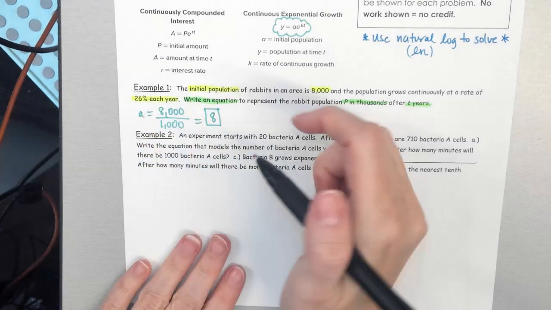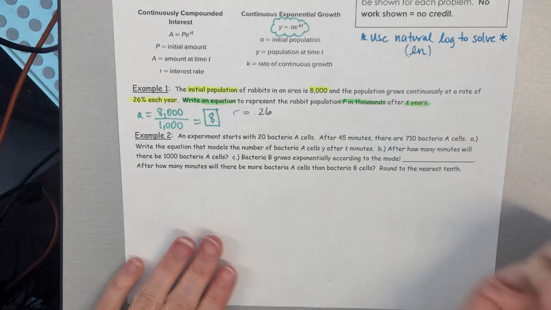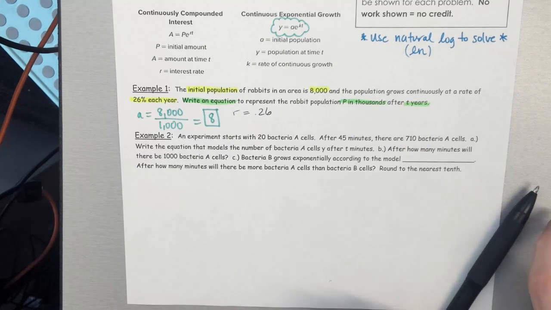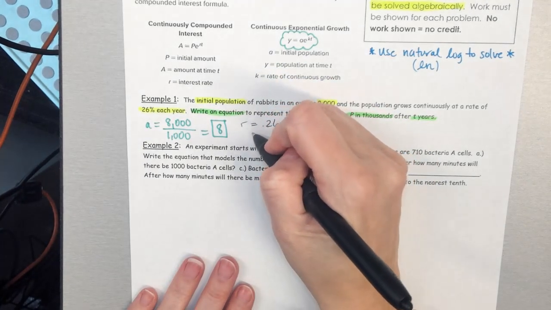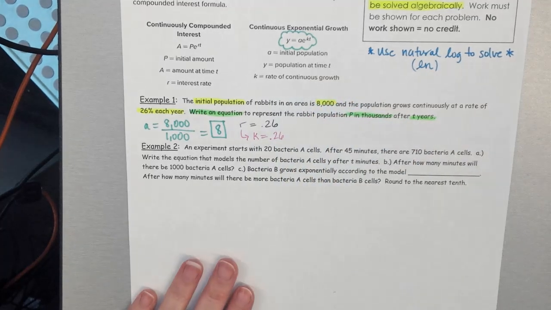Okay, and then we are used to writing the percent as a decimal for the rate as your 0.26. When you are dealing with your continuous growth equation, that constant is k. So r is 0.26. That's the same thing as saying your value of k is 0.26.